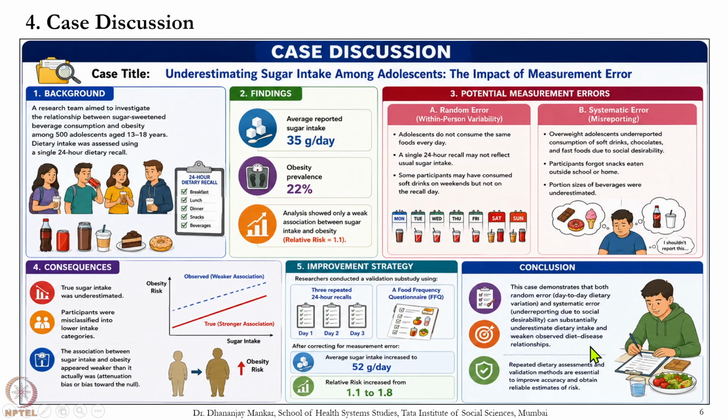Repeated dietary assessment, which was done over here, and validation methods, along with other methods, are very essential to improve accuracy and obtain a reliable estimate of the risk, because diet and disease risk is very important, which was the purpose and expected outcome, because the objective was understanding obesity among adolescents.